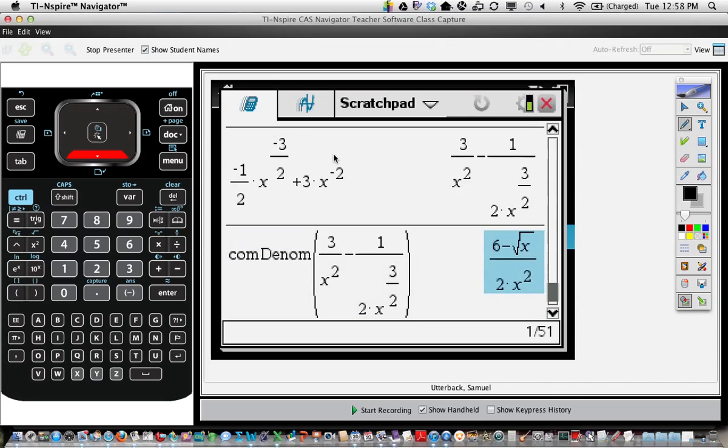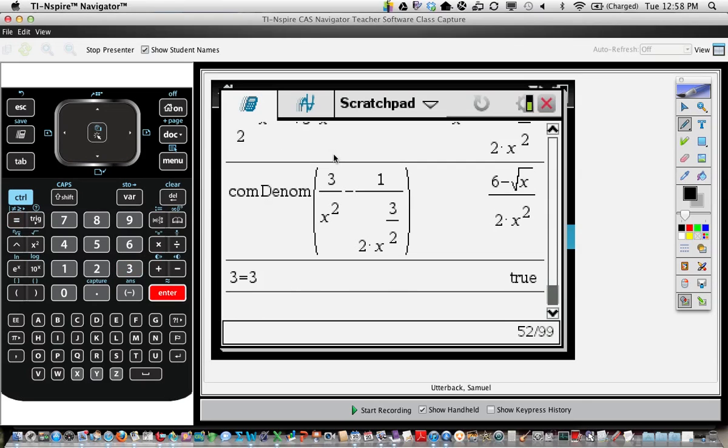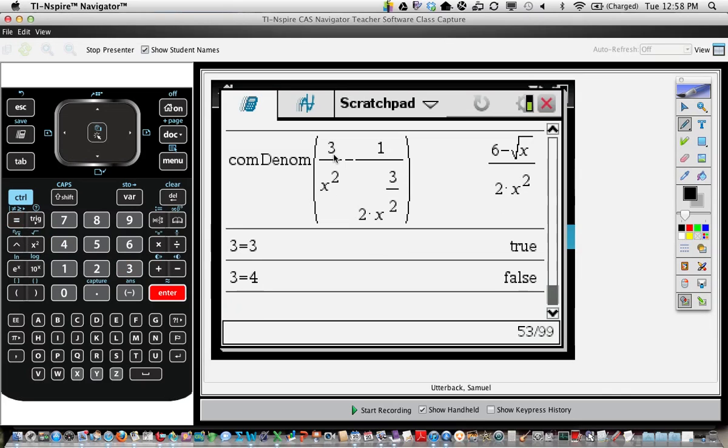Okay? Now, somebody in the other class, I think it was Quentin, saw something that was kind of cool, that actually worked a little quicker than doing that. Right now, Sam, type in 3 equals 3. And it says true. Type in 3 equals 4. It says false. Okay.